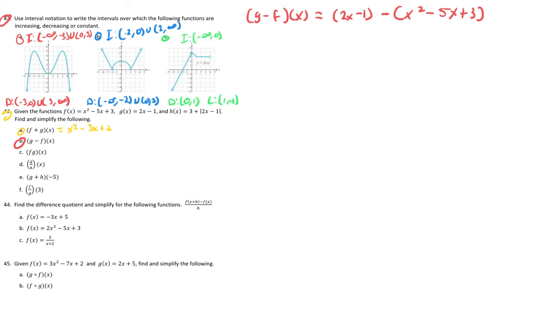Now we can simplify. Remember to distribute that negative sign. Now we can combine all the like terms and get negative x squared plus 7x minus 4.